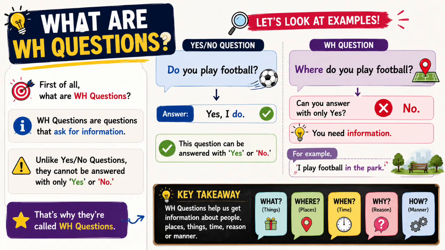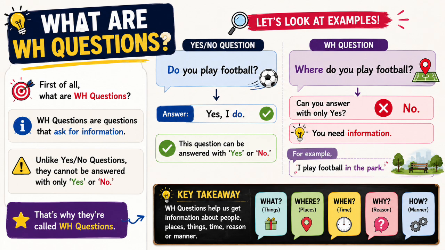What are WH questions? WH questions are questions that ask for information, unlike yes, no questions that cannot be answered with only yes or no. Look at these examples. Do you play football?